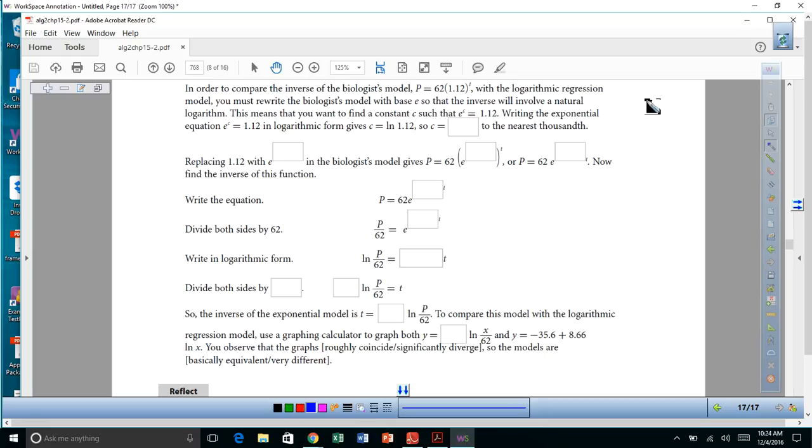So you have e to the c equals 1.12, right? So we're going to apply the natural log to both sides. So c will equal the natural log of 1.12.